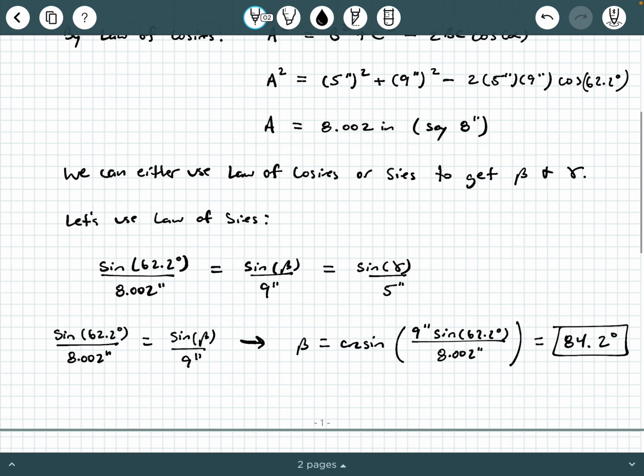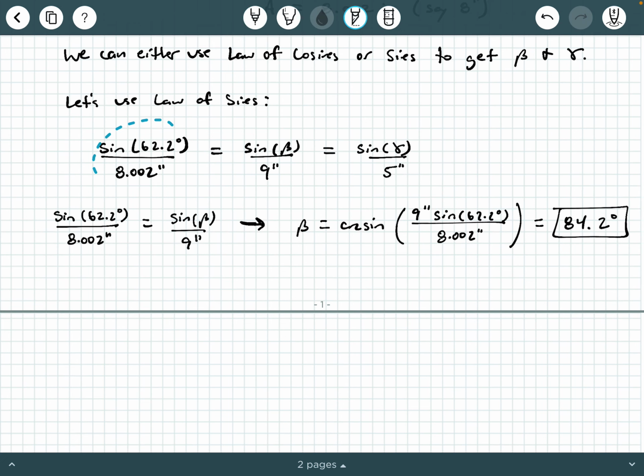And then similarly, we're going to set this leftmost term that's all constants equal to the rightmost term and get gamma. So sine of 62.2 degrees, again, over 8.002 inches equals sine of gamma over 5 inches.